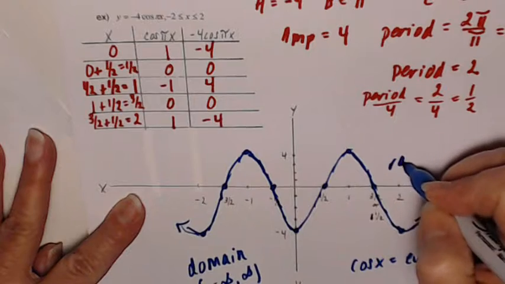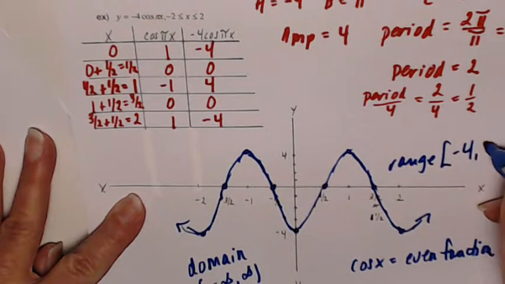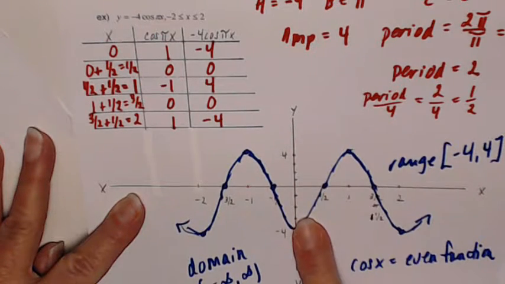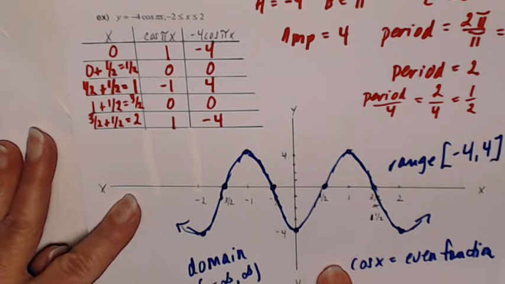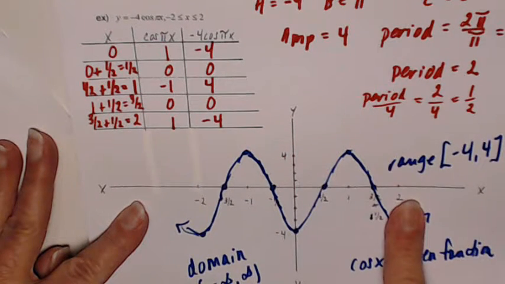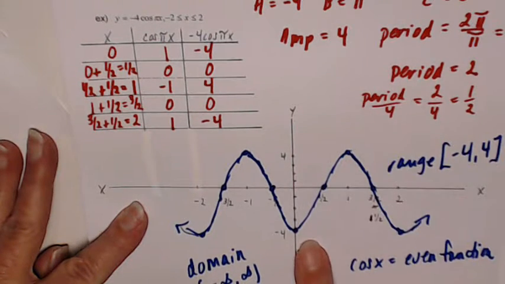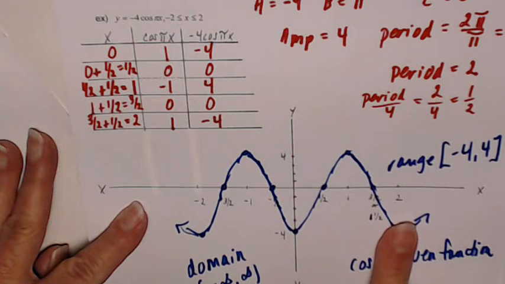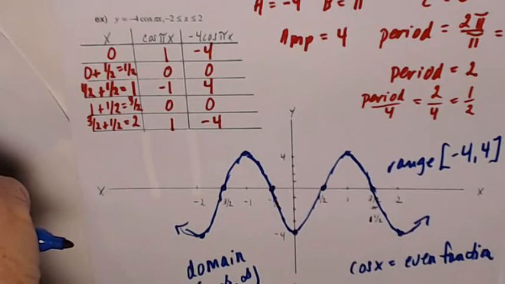Our range here is -4 to 4 because of the fact that we have changed our amplitude. And here, our period is 2, which is different from our normal period of 2 pi. Because of this b, we have changed what the normal period we would expect to see.